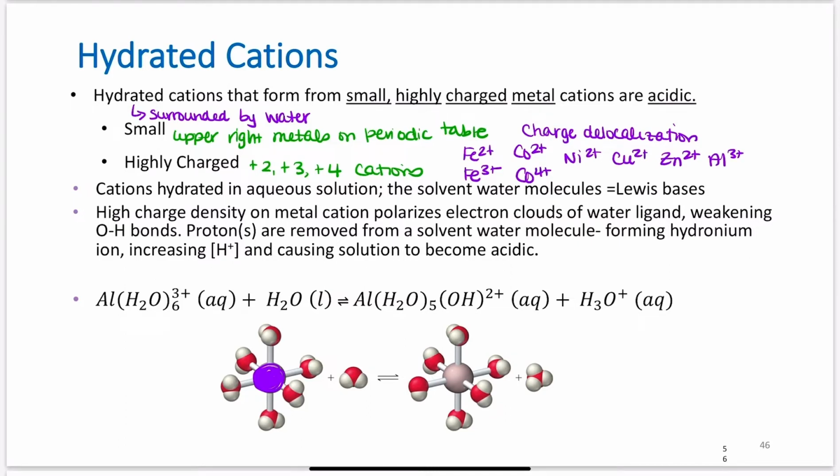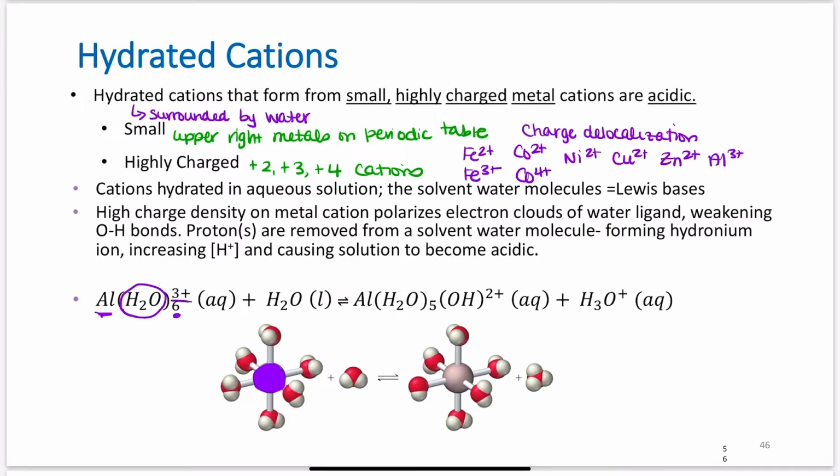Cations that are hydrated, meaning surrounded by water, in aqueous solution, again, aqueous means water-based, the solvent water molecules act as Lewis bases. There's a high charge density on the metal cation. So this metal in the center has a high charge to it, right? It's highly positive. It's coordinated 6 waters to it. So we see aluminum with 6 water molecules.